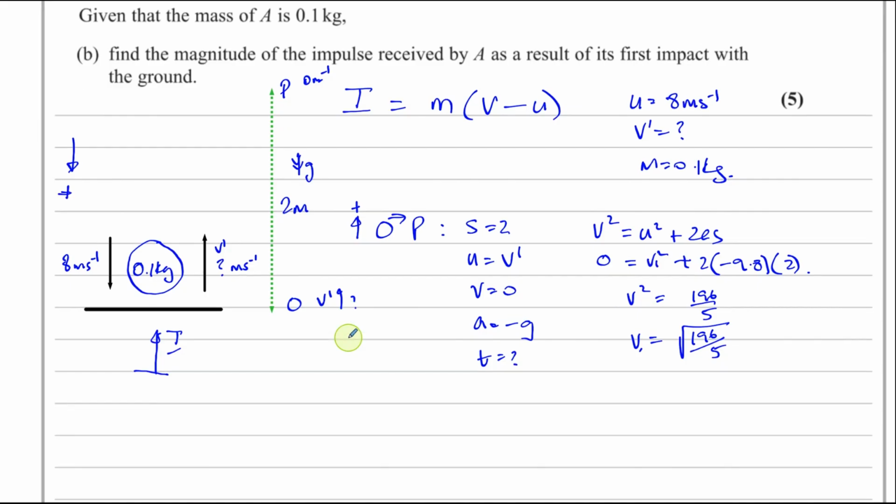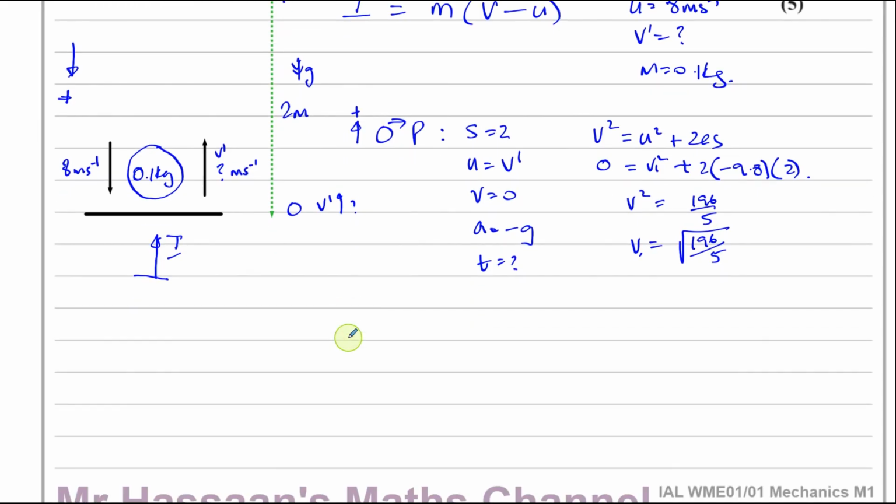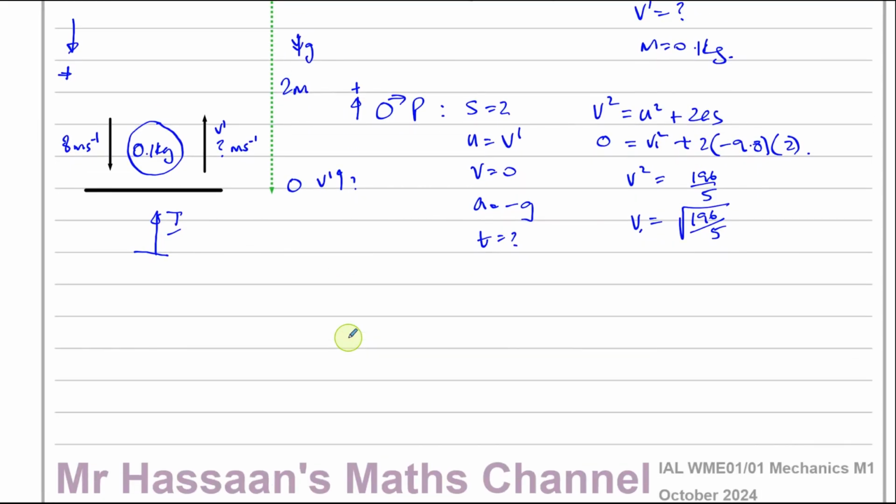So now what we have is a situation where I can use the momentum. I know the impulse is equal to the mass times the change in velocity, which is the change in momentum. The mass is 0.1 kilograms. And now I'm taking down as positive.